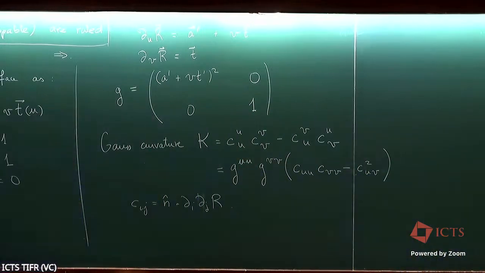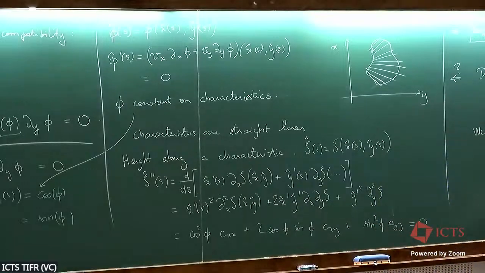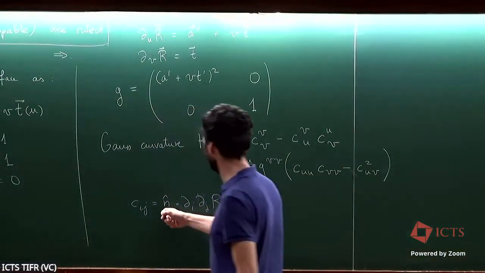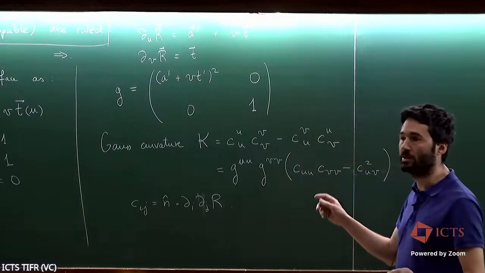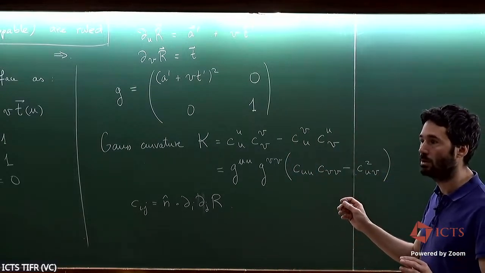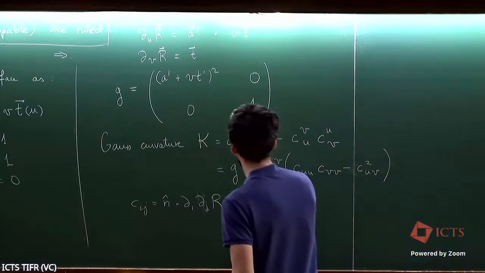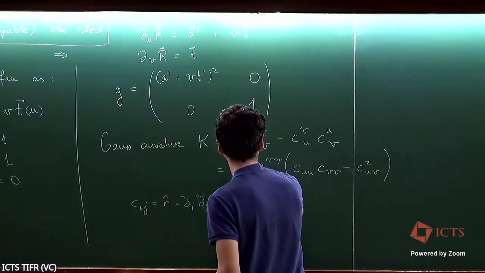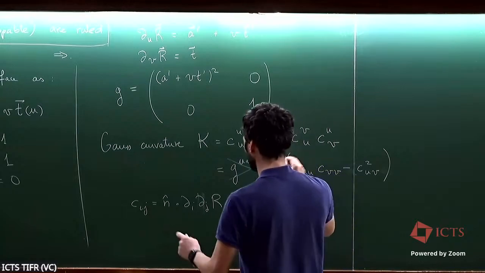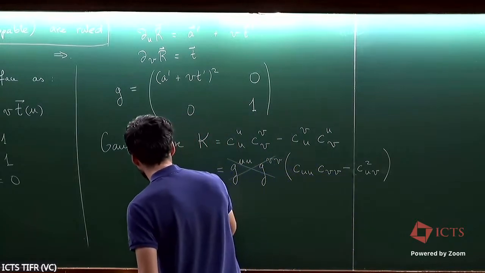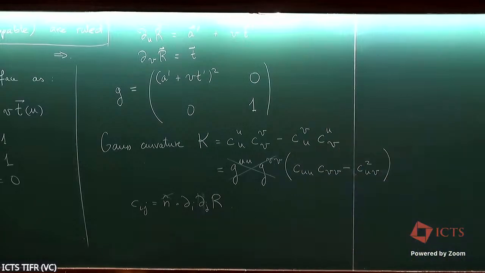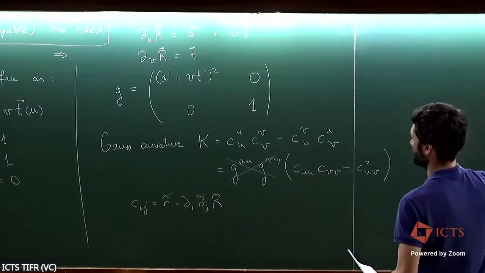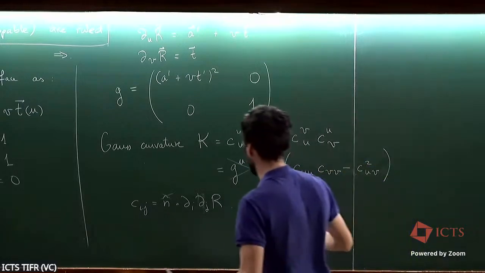The second point is how to define the normal vector. Here I put a hat because it is normalized, but we don't have to normalize it; we can take any normal vector. This doesn't mean that I eliminate them, it means we don't need to care about these constants.